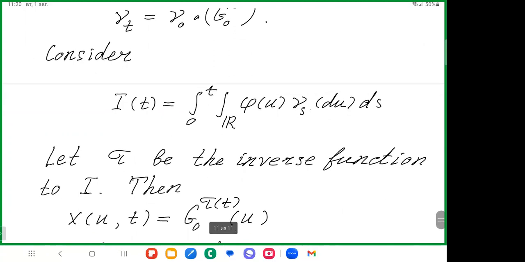You see? So what I do, I consider the initial trajectory of our ordinary stochastic differential equation. But now I am looking at the weights which are collected by the function phi.